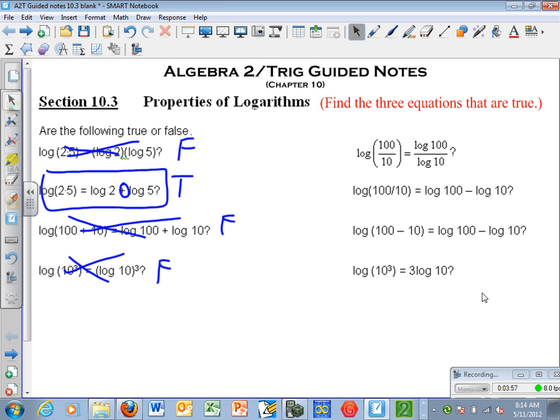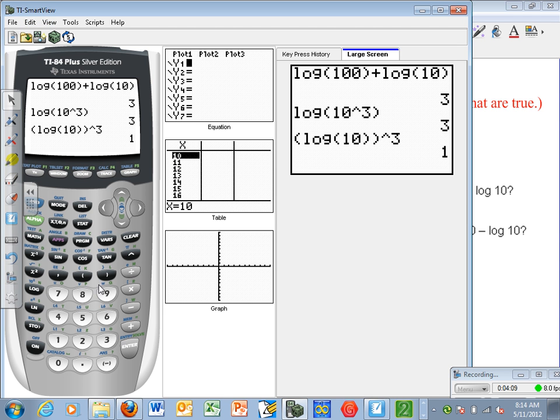Okay. If I have the log of a quotient, going over to the top column over here now, we're looking at this one right here. Is that true? The log of 100 divided by 10, does that equal the log of 100 divided by the log of 10? So log of 100 divided by 10.